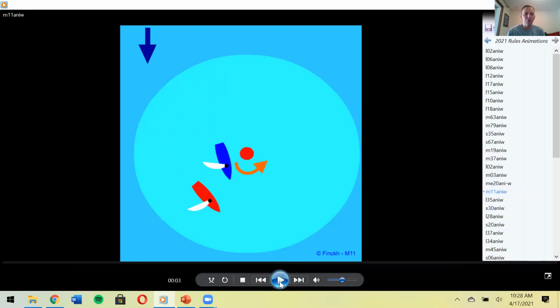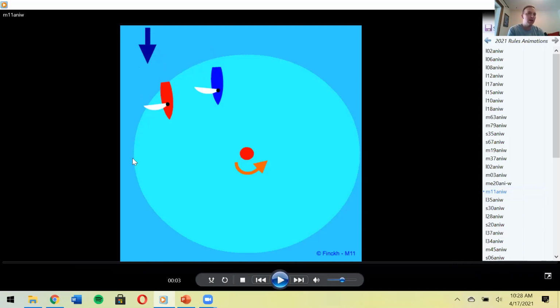But that room to sail to the mark and around it doesn't mean you have unlimited room. So in this animation, red and blue are both on port tack, and there's overlap.